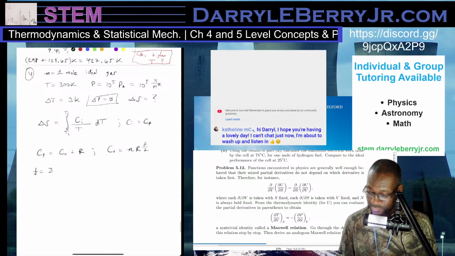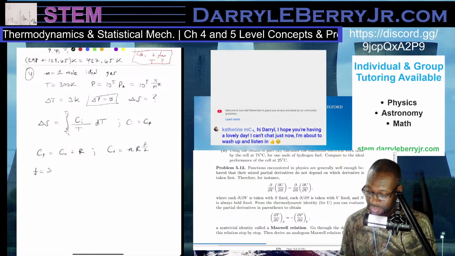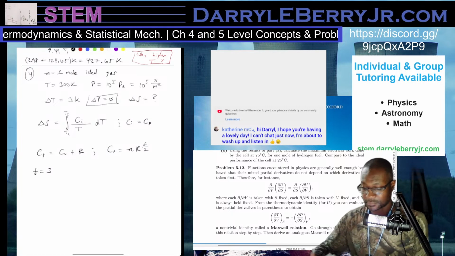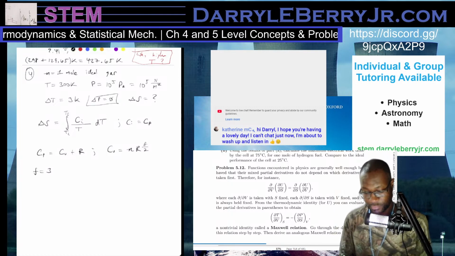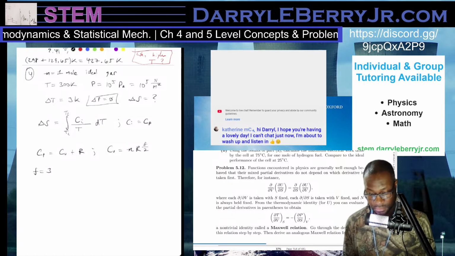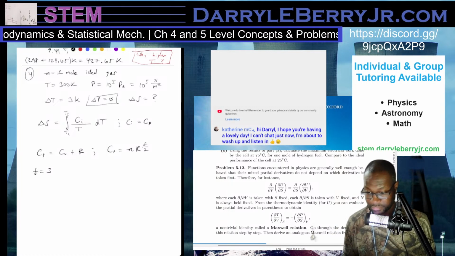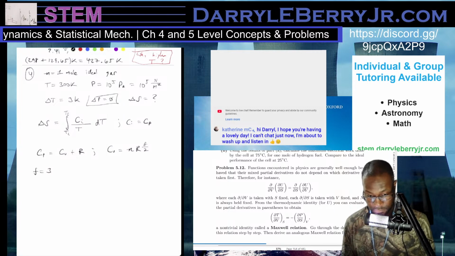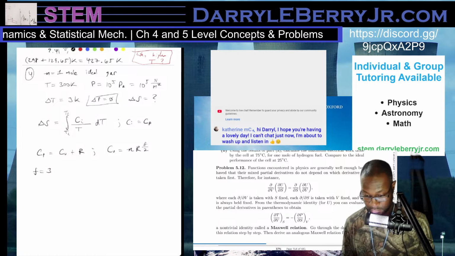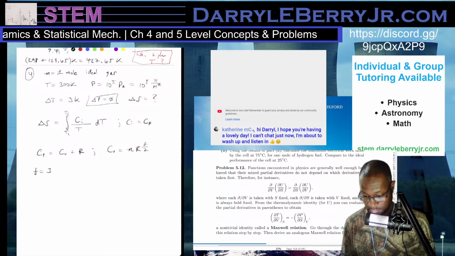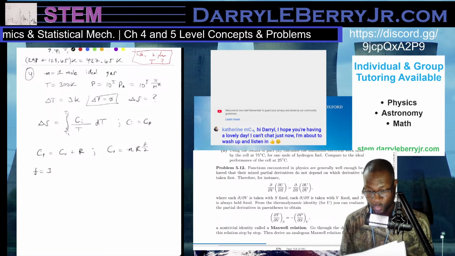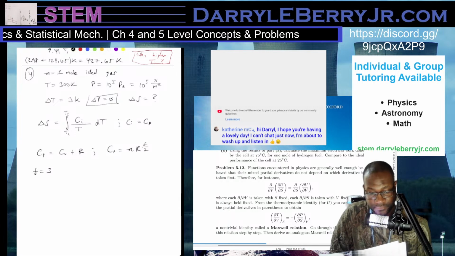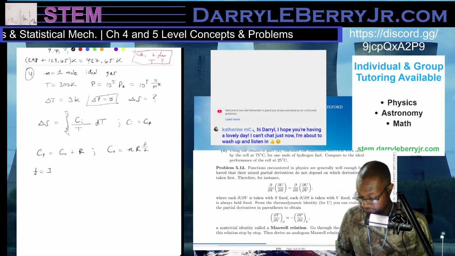So f is 3 for monatomic gas. And let me check that, by the way, on my formula sheet. Monatomic. Right. Oh, this must be an old formula sheet. There it is. I see it. Yeah. For monatomic gas, f is 3.